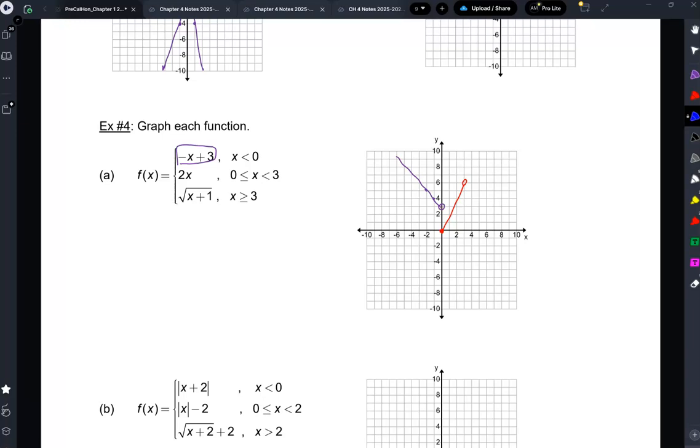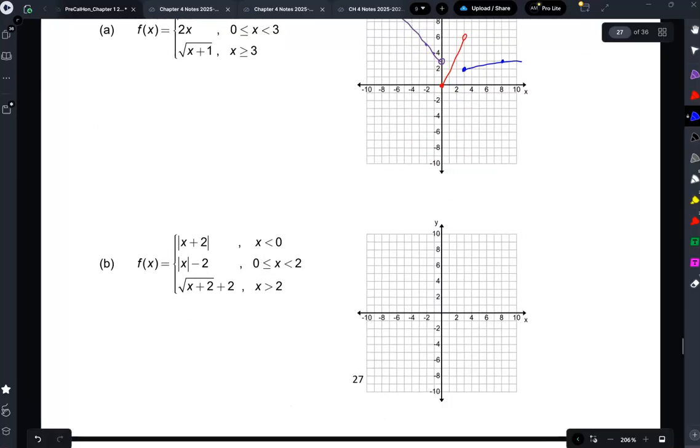Right? At x equals 3, it's 2, and it's closed. And then I'll put in another number that will give me a perfect square, like 8, and I'll get 3. And then this is a square root, so just give it that curve. Okay? See? Easy peasy.